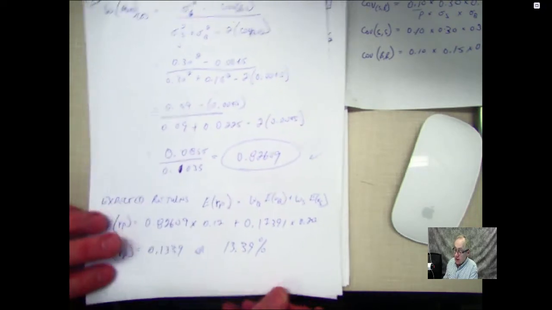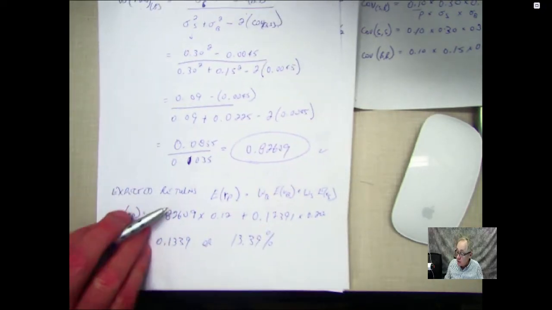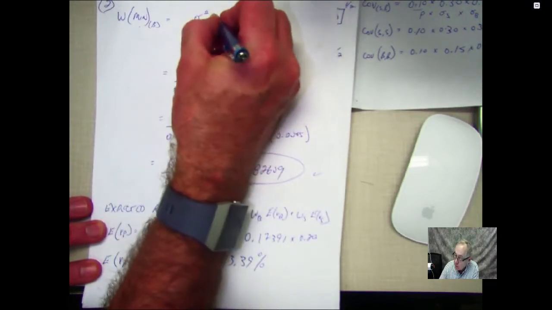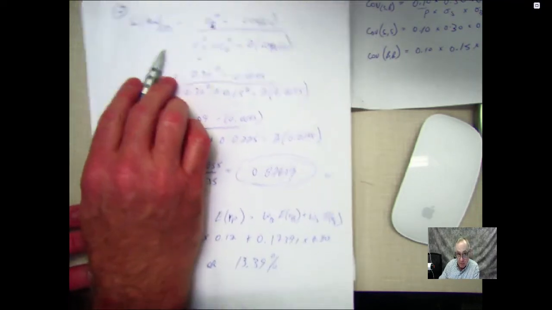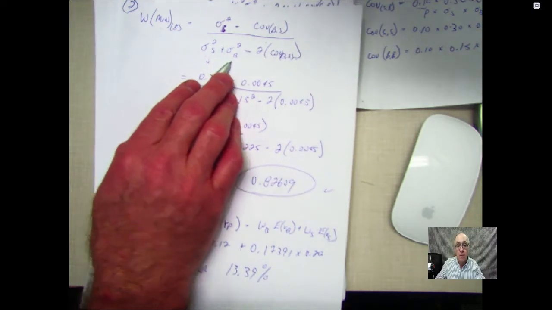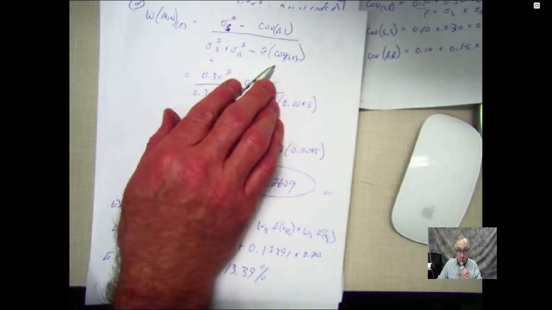Step 2 is calculate the recommended portfolio weights. This was variance on stocks minus covariance of bonds and stocks divided by the variance on stocks plus variance on bonds minus 2 times the covariance.